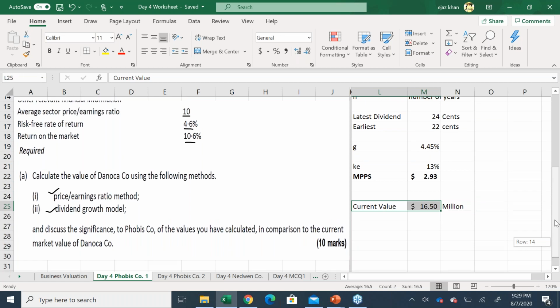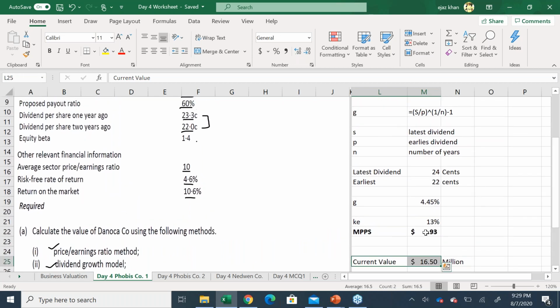Okay, let's come to the price predicted by the dividend valuation model. Again, this is not going to be used. 2.93, because it is predicting a lesser price than the current market price.